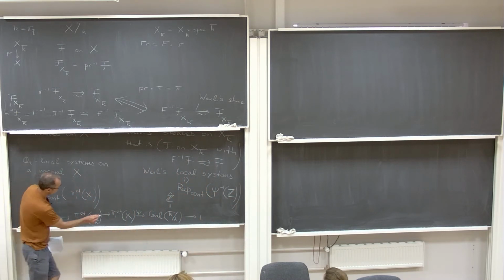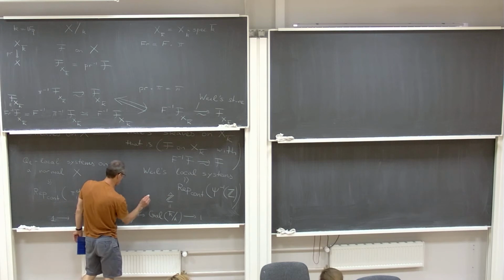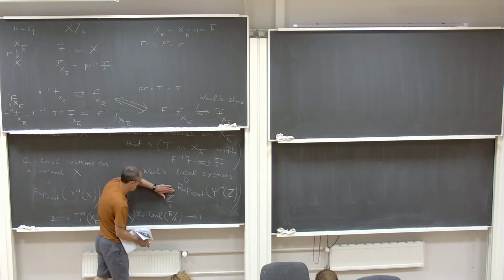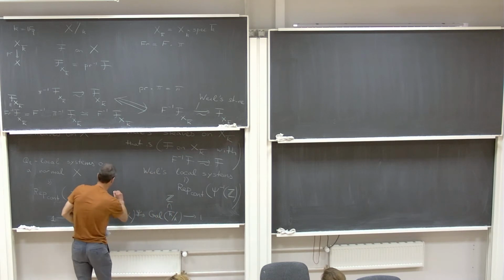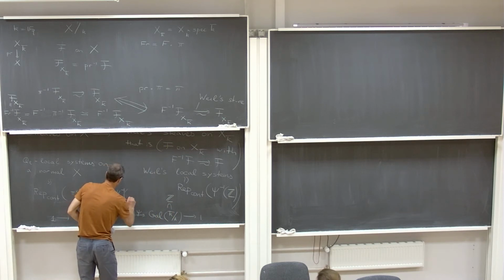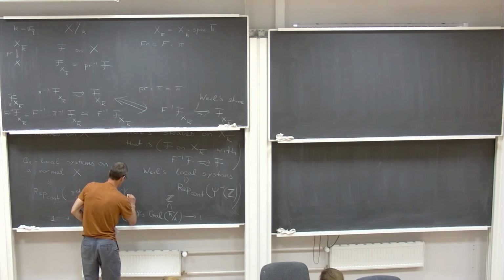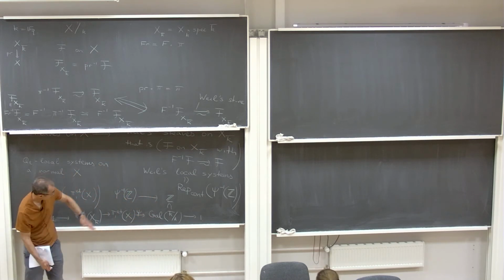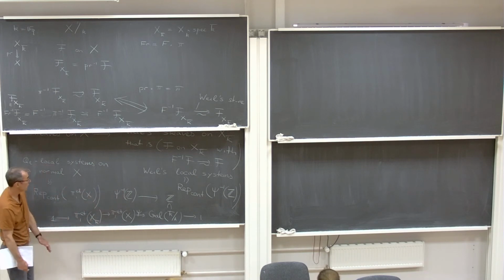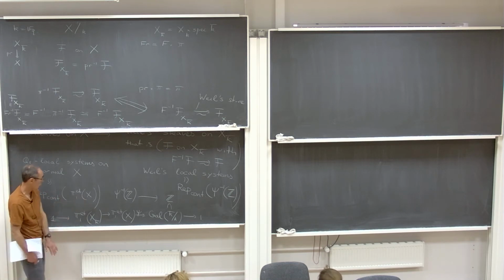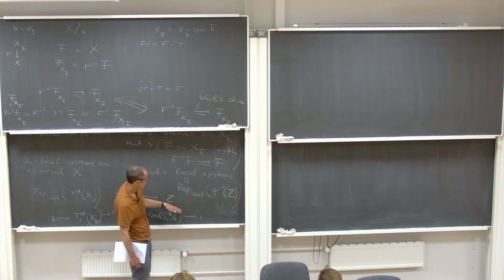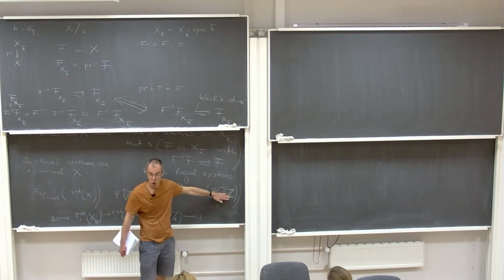So here you have a subgroup, and you can take its preimage. So this is a dense subgroup. Any continuous representation of this group is determined by its restriction to this dense subgroup.